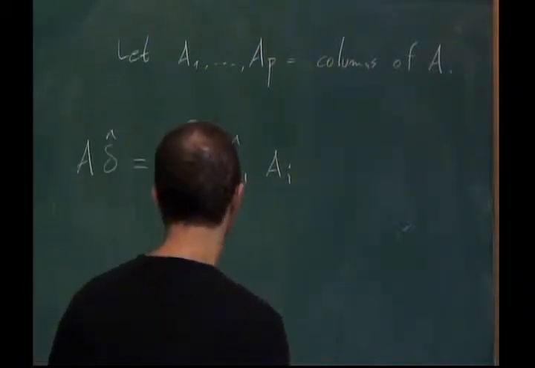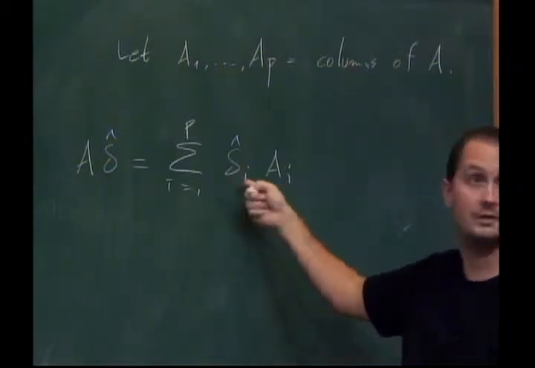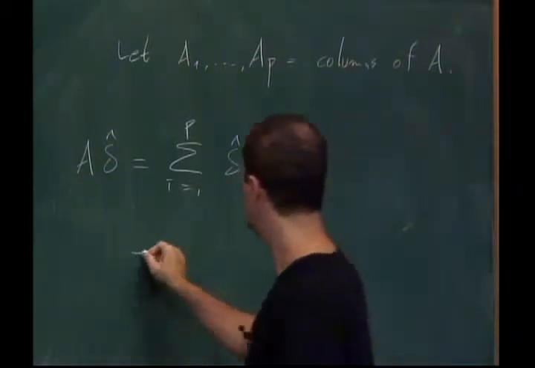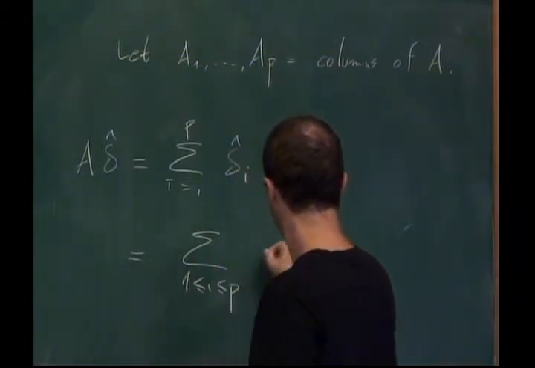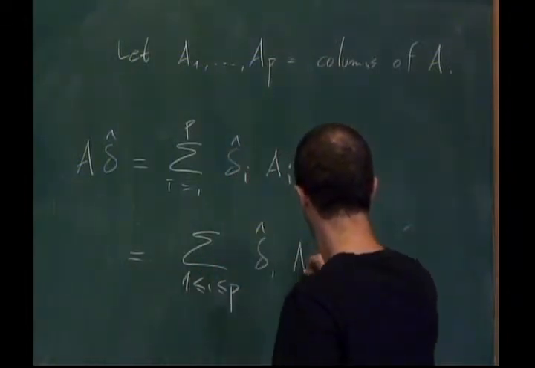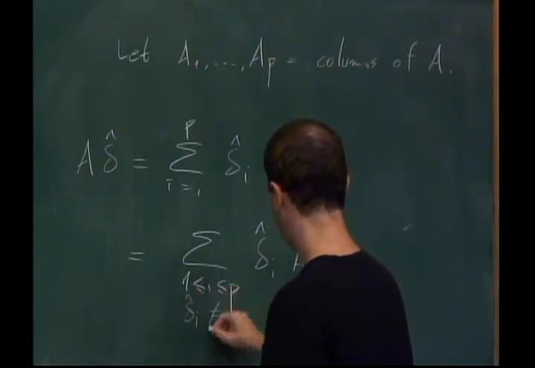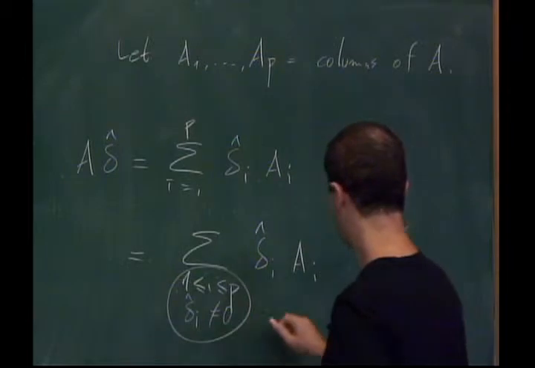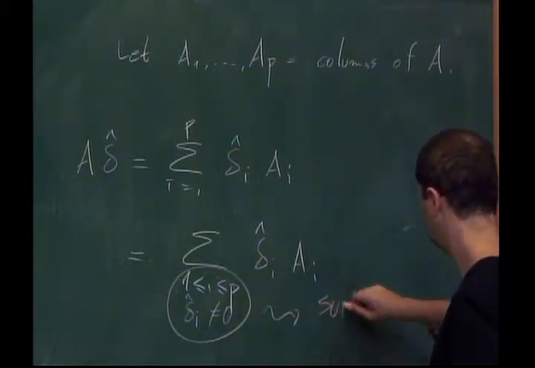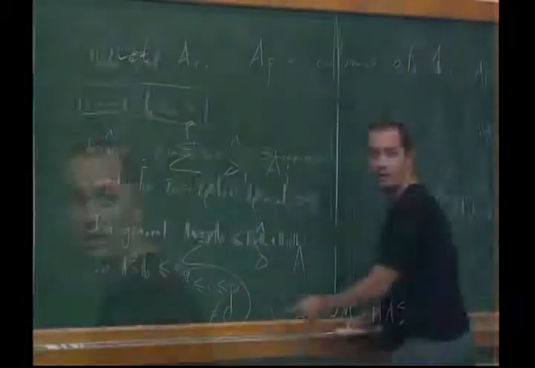But actually, you don't need to sum over all indices. We know that only a few of these are non-zero. So this is the same as a sum over coordinates such that delta hat i is different from 0. So this sum has, as we just saw, at most n non-zero elements.